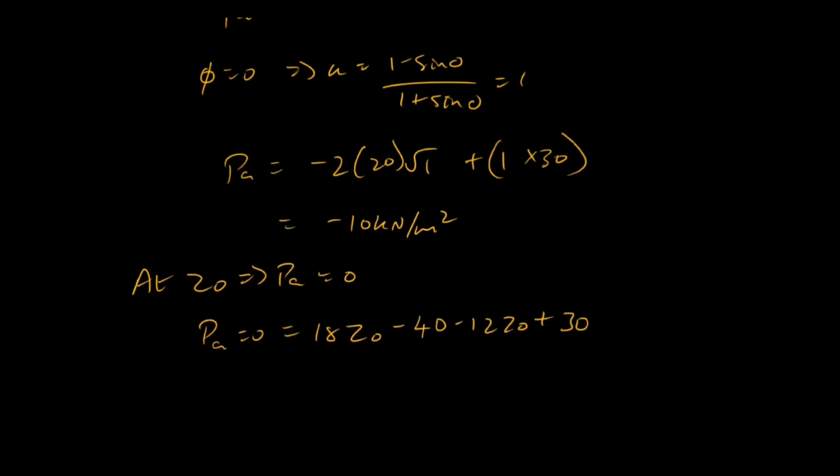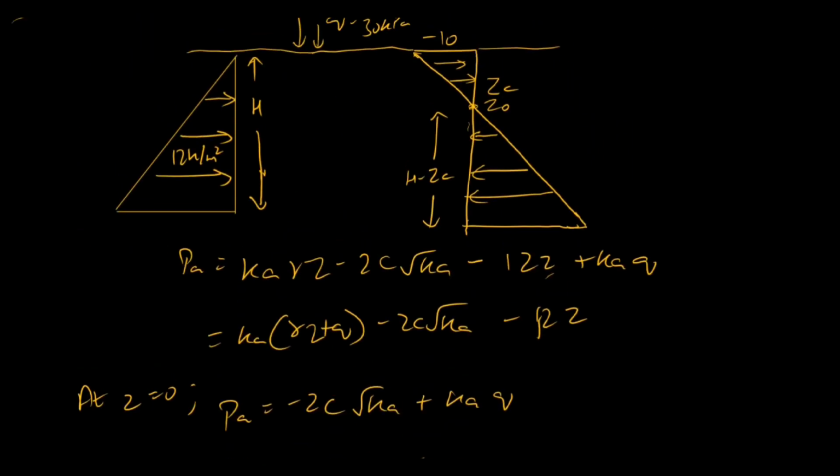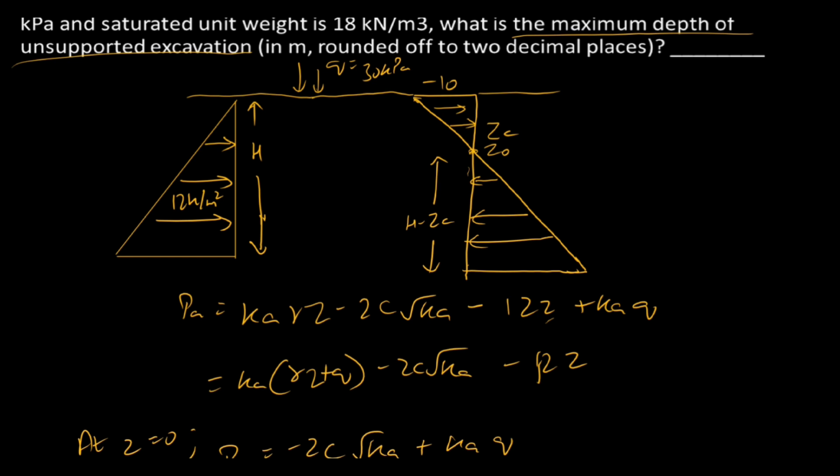So we'll get 6 Z naught minus 10 equal to 0. Z naught will be equal to 1.66 meters. So the value of ZC will be equal to 1.66 meters.